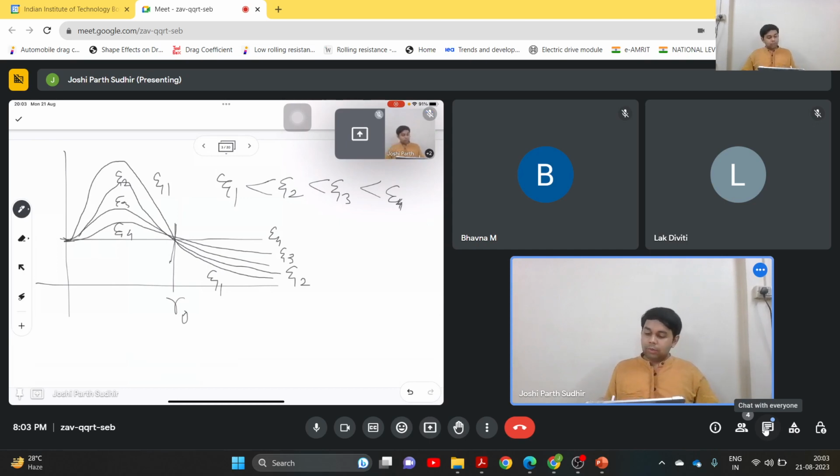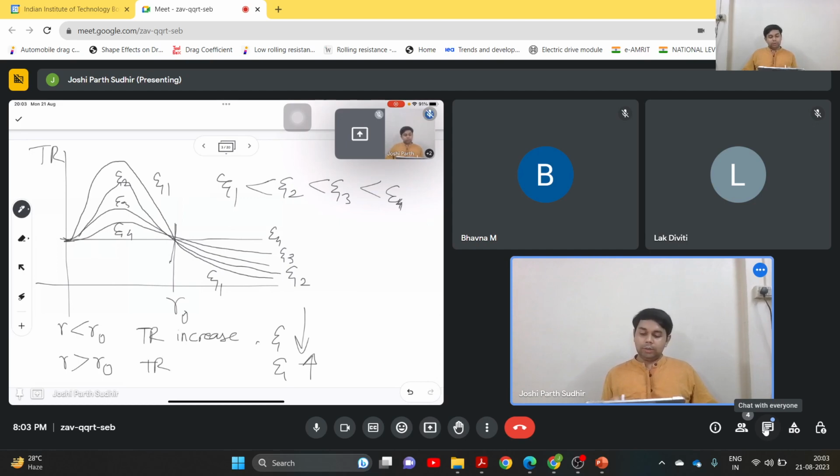So for frequency ratio less than R naught, when damping decreases, the transmissibility ratio increases, because we can see that for the smallest value of damping, the transmissibility ratio is highest, whereas beyond R naught, when damping increases, the transmissibility ratio increases.